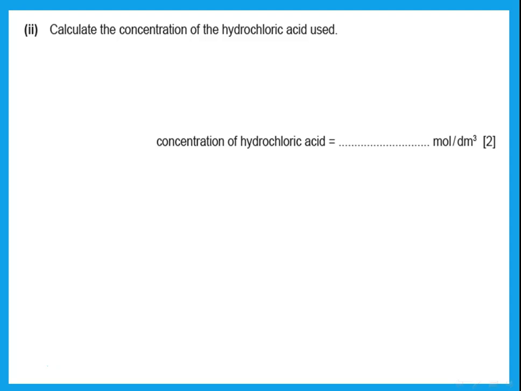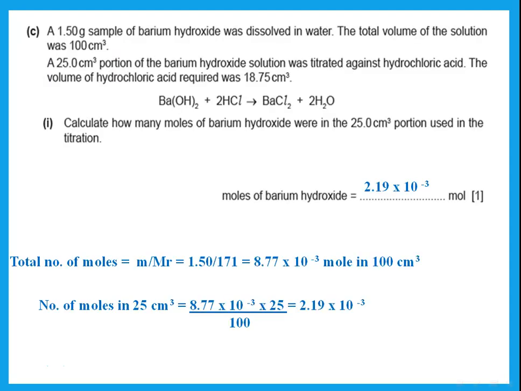Then concentration. I now have the number of moles, and we're talking here about calculating the concentration of hydrochloric acid. What did he say about hydrochloric acid? He said I have 18.75 centimeter cubed of hydrochloric acid. So we have the number of moles of the hydrochloric acid.